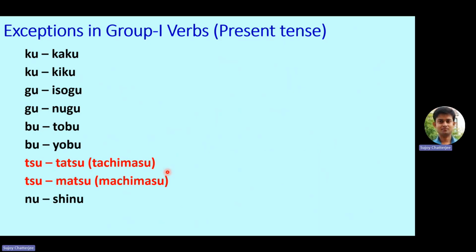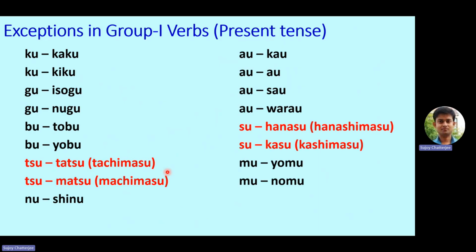For nu, it can be shinu. For u, it can be kau, au, sau, or warau. Su ending group 1 verbs may be hanasu and kasu. And similarly for mu, it can be yomu or nomu. So these are examples of verbs of group 1 which end in these 8 sounds that have exceptions.